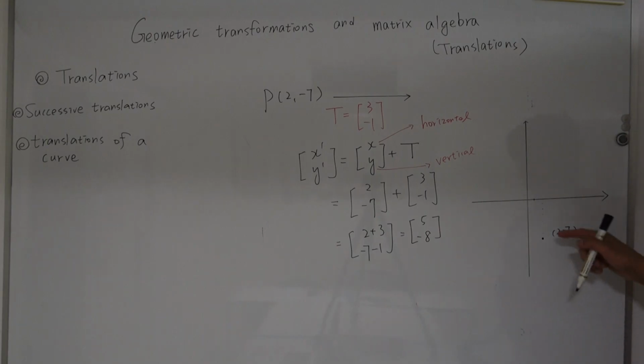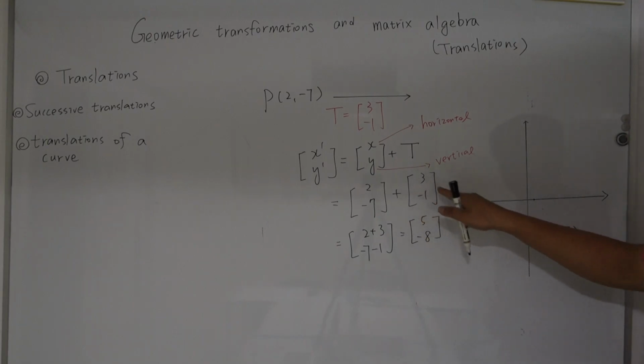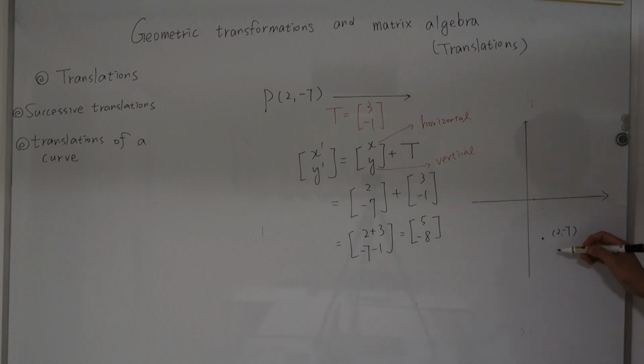Therefore, if we translate by 3, it means go right 3, so 1, 2, 3, and then -1 means go down 1. So you go to where? (5, -8), right? It makes sense. 3 means go right 3, -1 means go down 1. Alright? Okay, let's talk about successive translation.